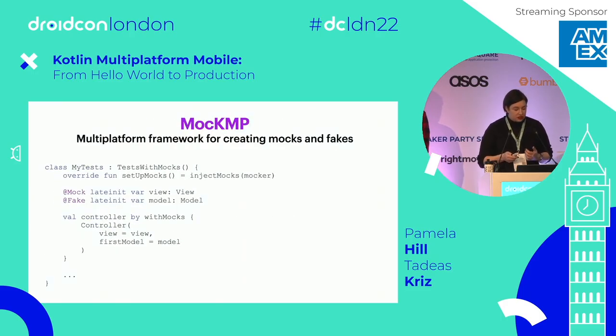I'd also like to give a shout out to MockKMP. It's a multi-platform framework for creating mocks and fakes, and the way that it works is really quite simple. You just annotate variables or properties in your class with @Mock or @Fake. No debates today about mocks versus fakes, please. We have more than enough drama today.